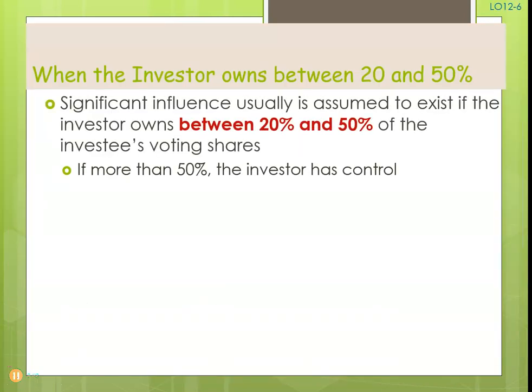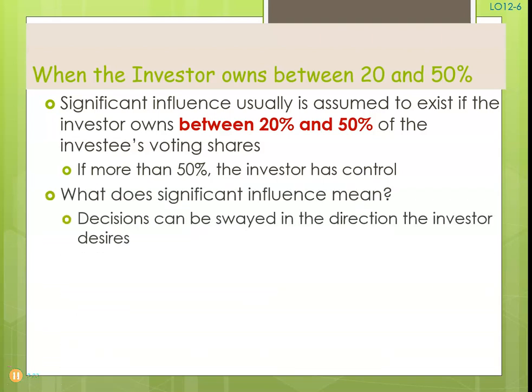So, when the investor owns between 20 and 50%, significant influence usually is assumed to exist if the investor owns between 20 and 50% of the investee's voting shares. If more than 50%, the investor has control. What does significant influence mean? They can decide how the company is operated.